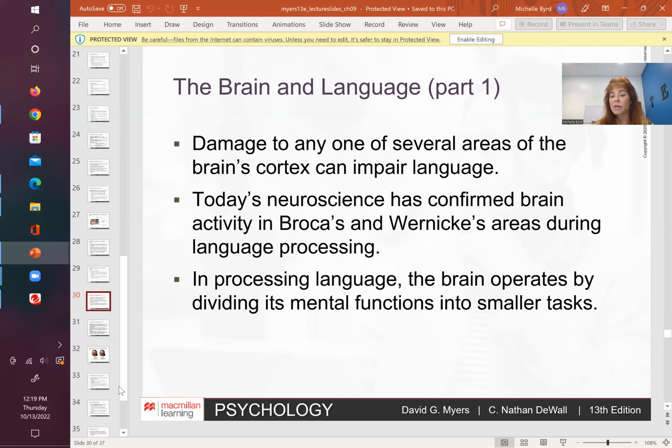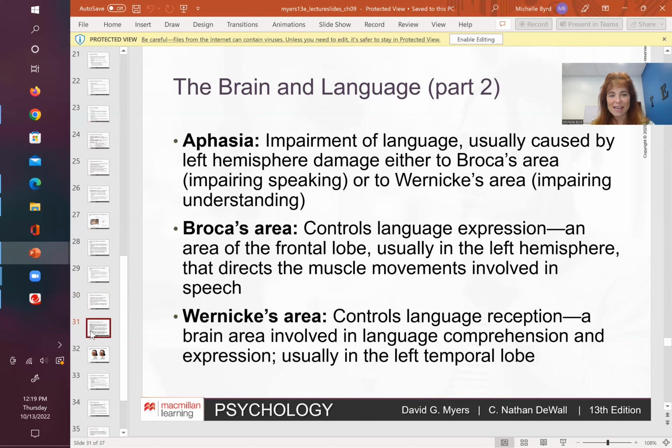And in processing language, the brain operates by dividing its mental functions into smaller tasks. Okay, so this is interesting.